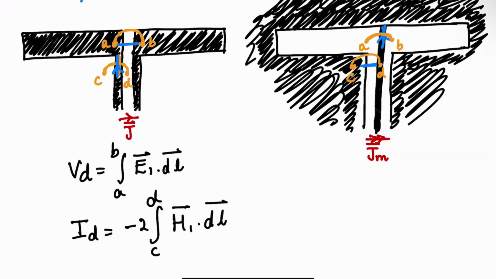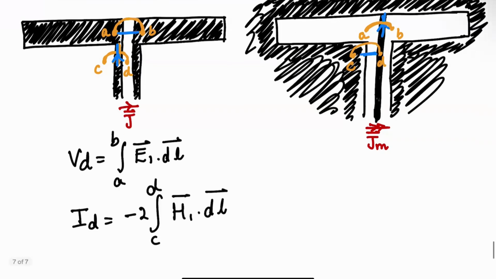The factor of 2 is there because this is only a half loop integral, whereas you need a closed loop integral to give you the total current. So you only get half the current from this integral from C to D, and it's equal to the other half from symmetry. Since it's symmetric along Z, a half loop is enough.